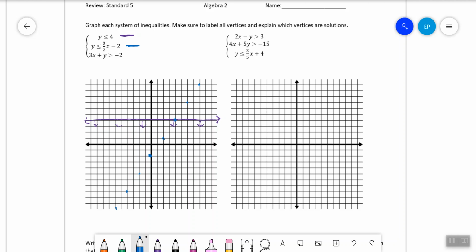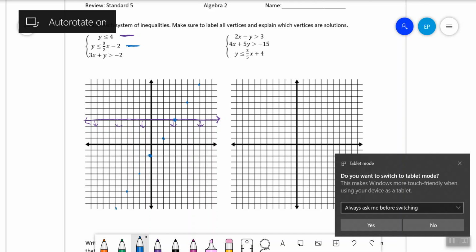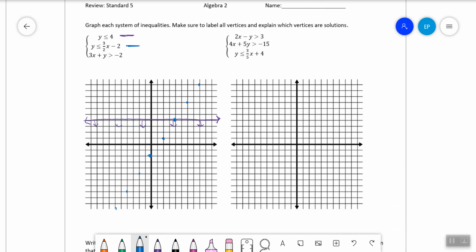And I'm going to plot that line as best I can, once again sketching as best I can. I want all the y's less than this line.